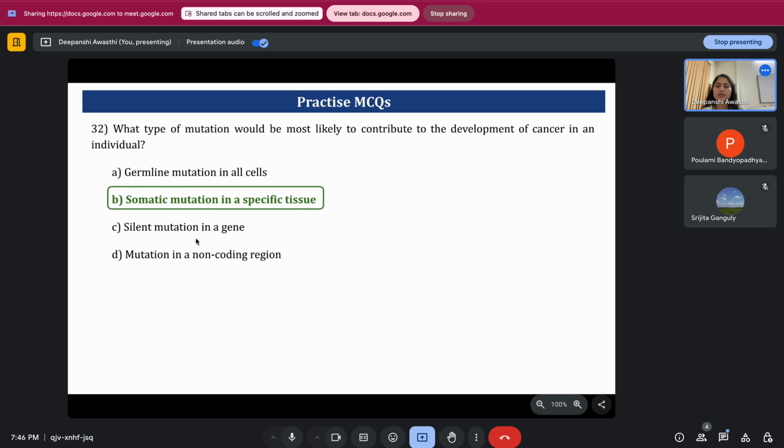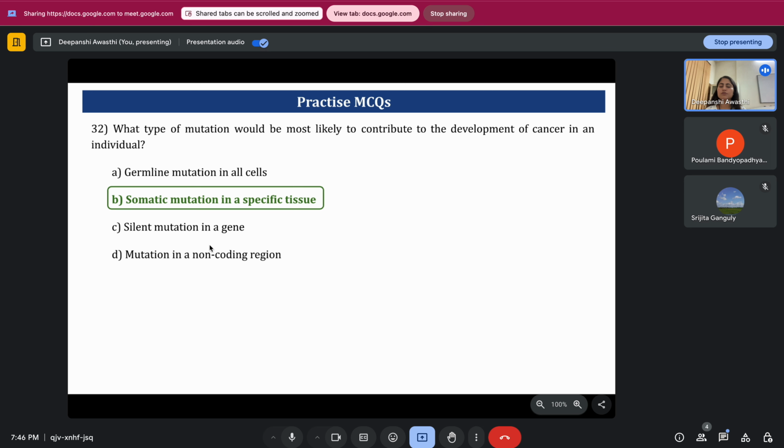In such scenarios, it's very unlikely that it will develop into cancer. It might not influence the protein sequence. To some extent it might change expression, but that is also not true.